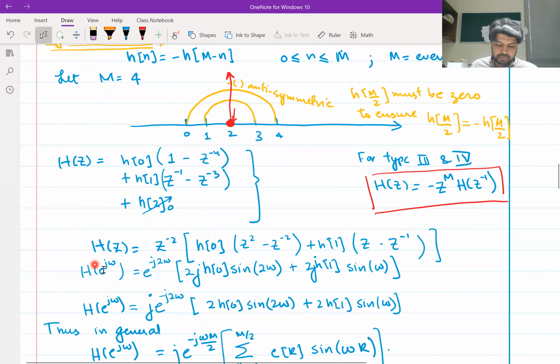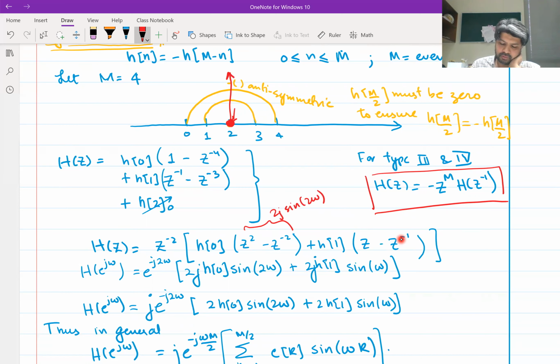So now we can move from h of z to h of e to the power j omega. So you can see that it is e to the power minus j to omega. अब यहाँ पर this guy is e to the power j to omega minus e to the power minus j to omega, ठीक है. So this is what? This is 2j sin of 2 omega.